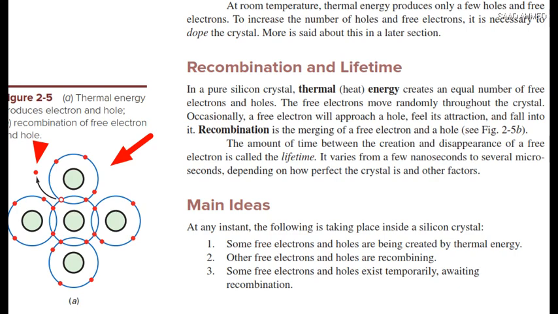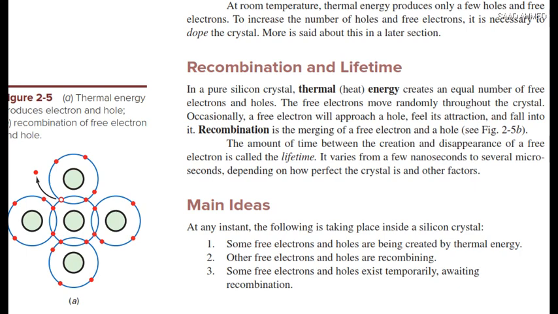The free electron moves randomly throughout the crystal. Occasionally, a free electron will approach a hole, feel its attraction and fall into it. This is called recombination. So the process here is that, during the life cycle, some free electrons and holes are being created by thermal energy.